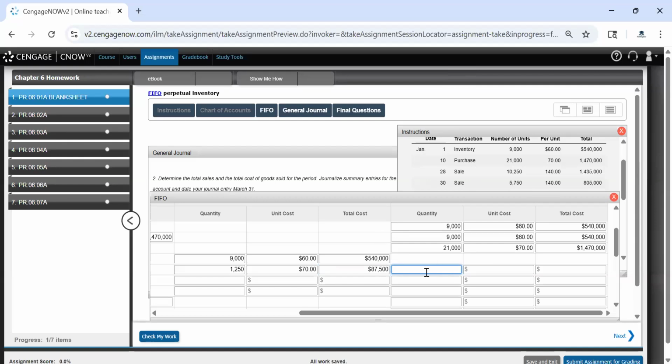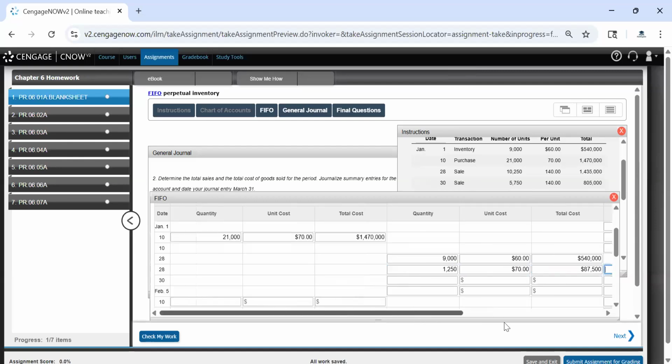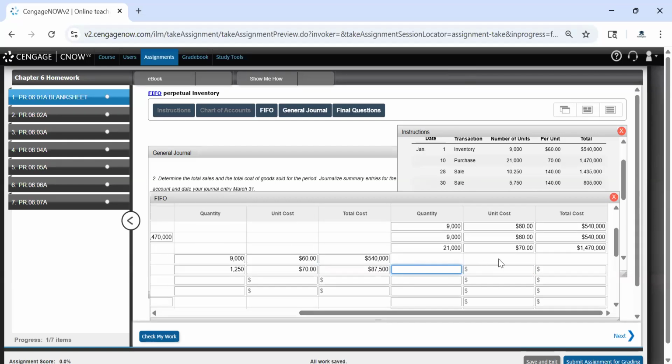And our ending inventory on the 28th comes out to only the $70 inventory that's left. And we have 19,750 units remaining for a total of 1,382,500, which is 19,750 times 70.